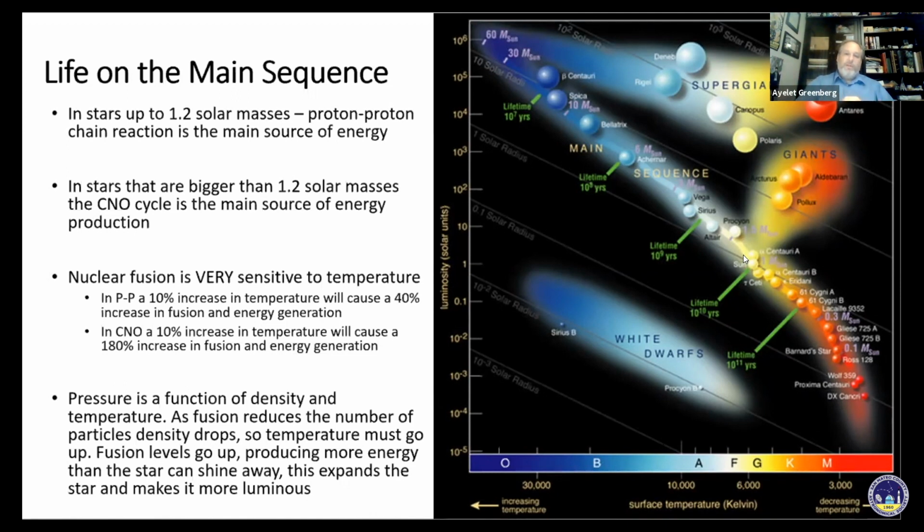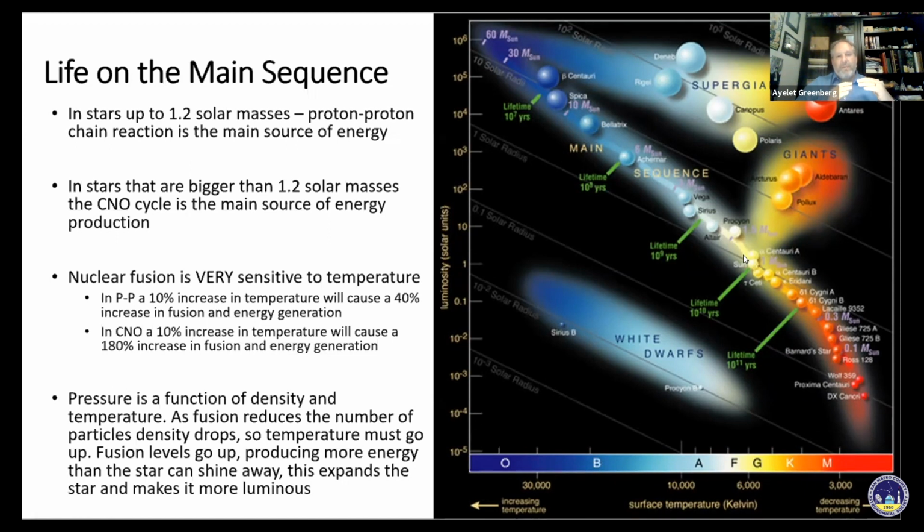As you go into bigger stars, the dominant process for generating energy is known as the CNO cycle. It's essentially still taking hydrogen and converting it into helium. If it wasn't doing that, it couldn't be a main sequence star. But the process is different. We're essentially smashing protons into different isotopes of carbon and nitrogen and oxygen, and at the end of the day producing helium. But it's a more complex and different process.